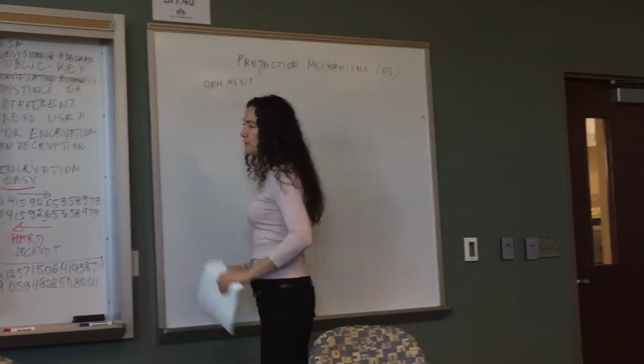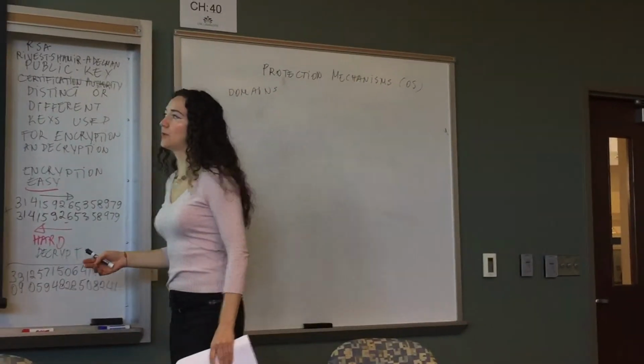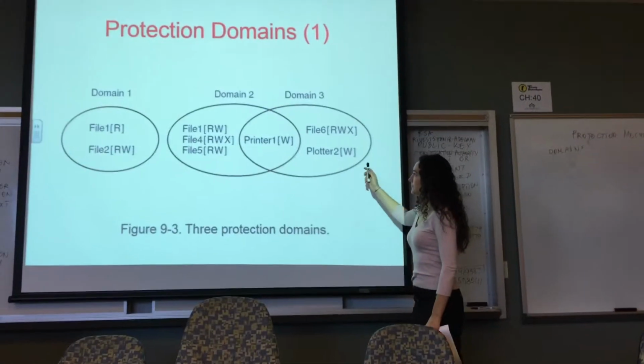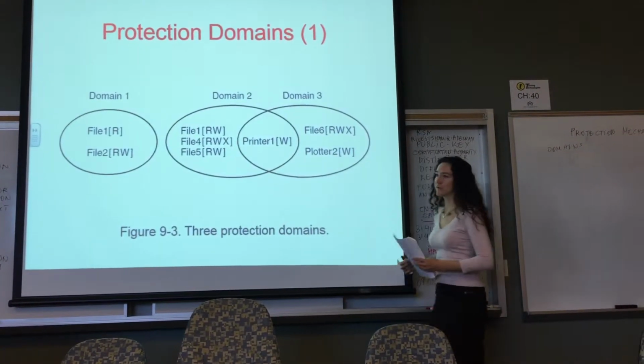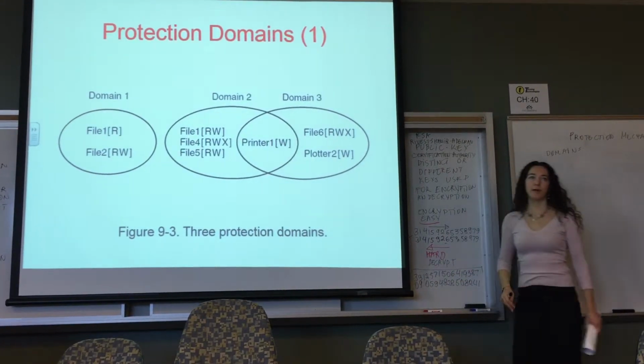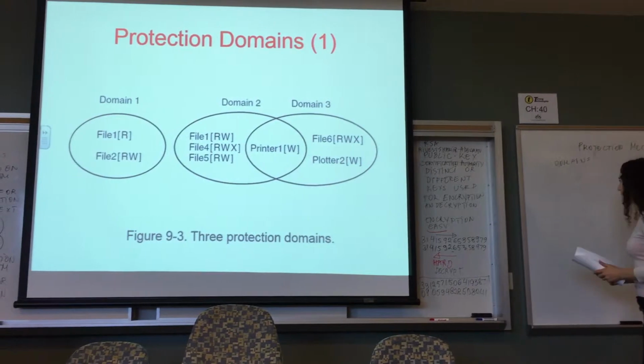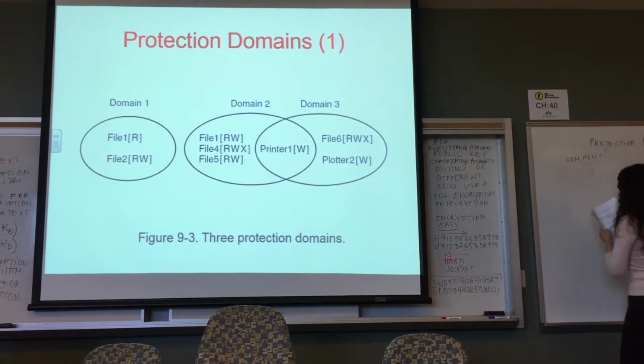The computer system consists of a bunch of objects, such as files, printers, CPU, memory. All of these things, we'll call them objects that the operating system manages.